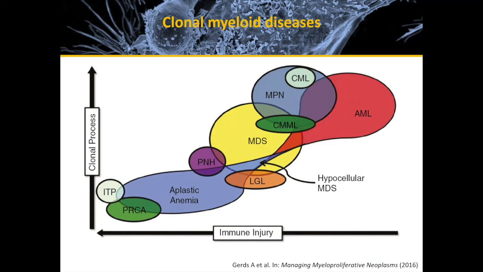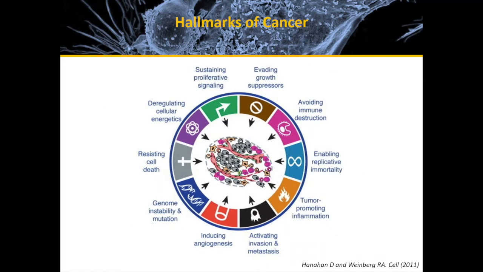Many studies over the last years demonstrated the important role of the immune system in resisting or eradicating formation and progression of neoplasms. And avoiding immune destruction has been formulated as one of the hallmarks of cancer in a paper of Hanahan and Weinberg. This paper provides a logical framework for understanding the remarkable diversity of neoplastic diseases.